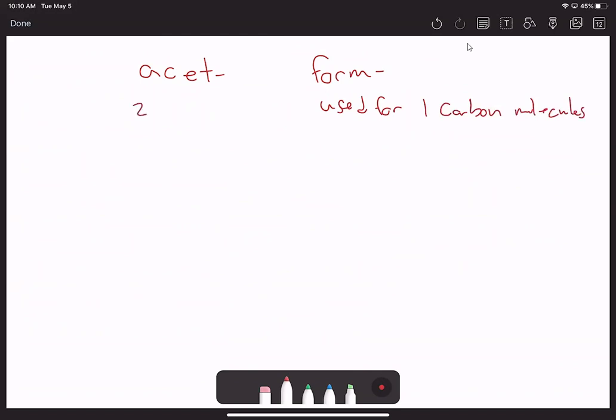Acete is used for two carbon molecules. So we're going to name this first.